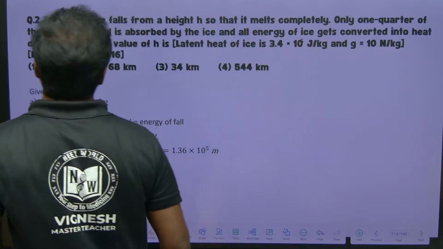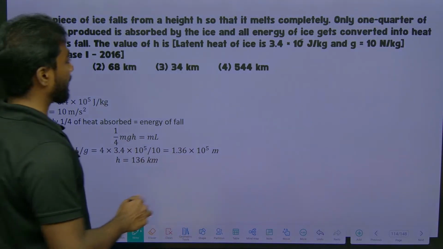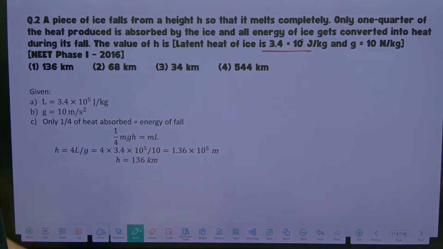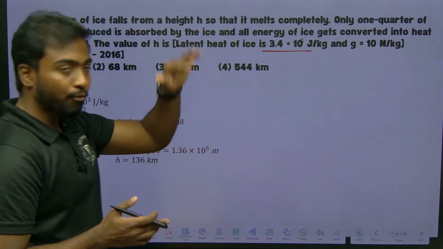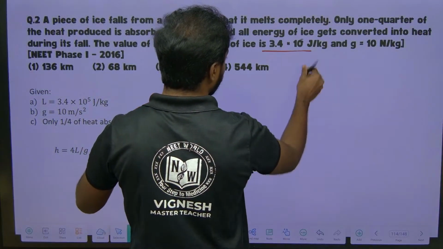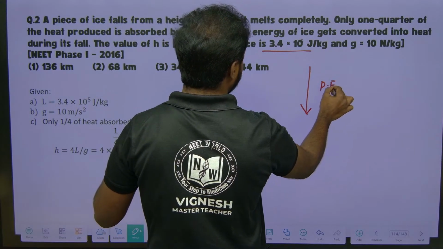If you see here, the latent heat of ice has been given as 3.4 into 10 power 5, and the value of g also. Only 1/4 is absorbed, and the energy that is falling is what? Potential energy or kinetic energy?